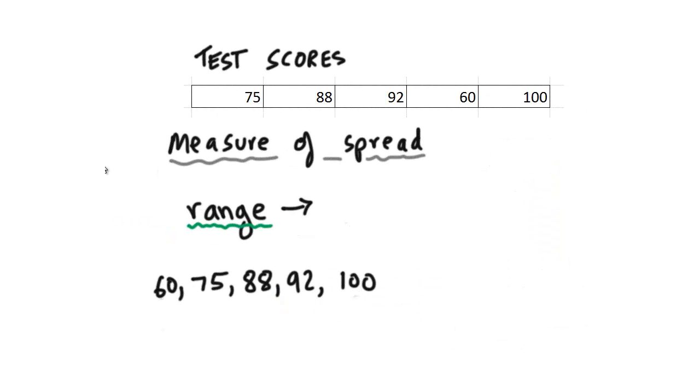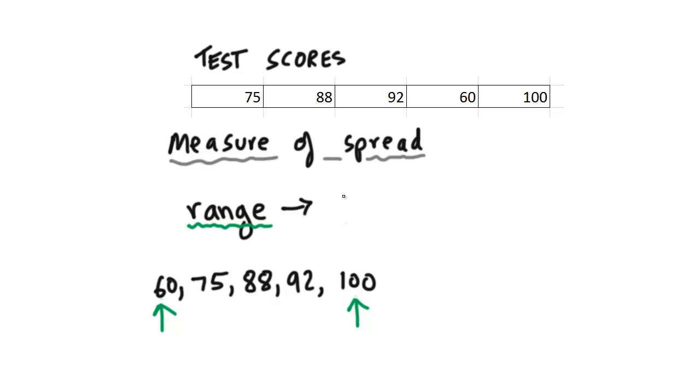Alright, so now let's take a look at the measure of spread, and the most common one is the range. And in order to calculate the range, you have to put the numbers in order. So I did that for you guys down here. And you want to take a look at the biggest number, which is the 100, and the smallest number, which is the 60. So in order to calculate the range, it's just the difference of the two numbers, right?